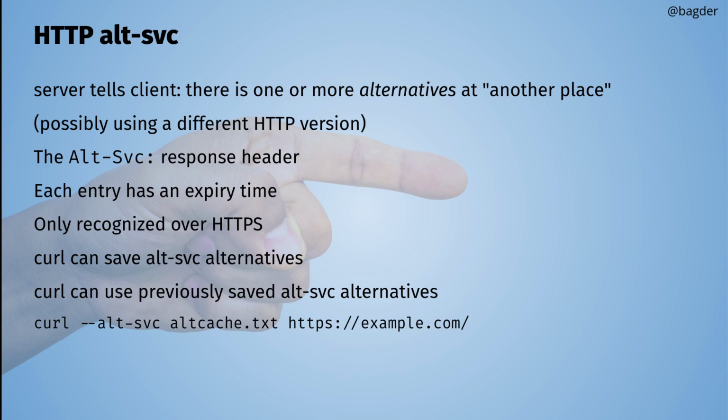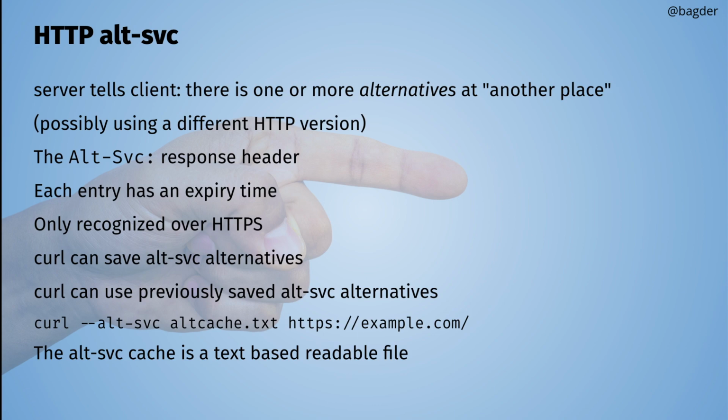Pretty neat thing. This is the official way to switch to HTTP3. That's how the standards mandate things to be done. So once you have HTTP3 support in curl, you might want to do it this way. It's a text-based readable file. You can read it, you can edit it, you can do whatever you want.